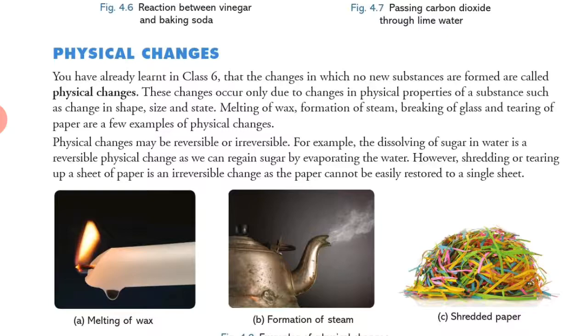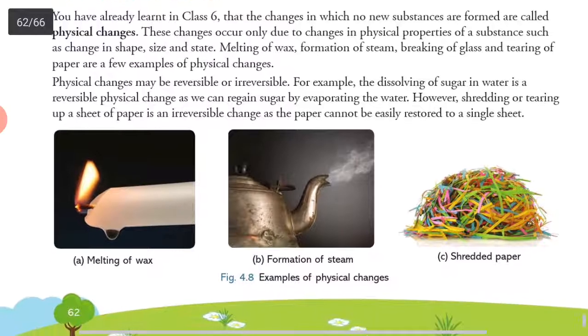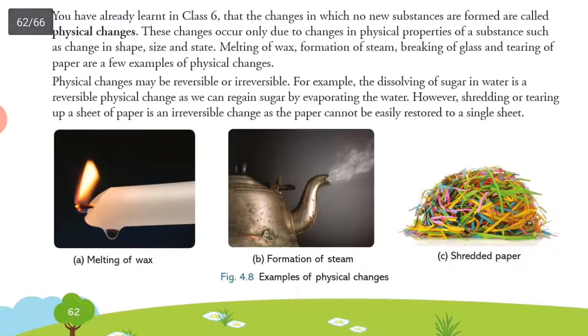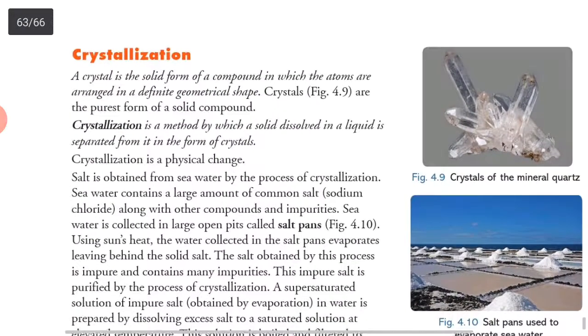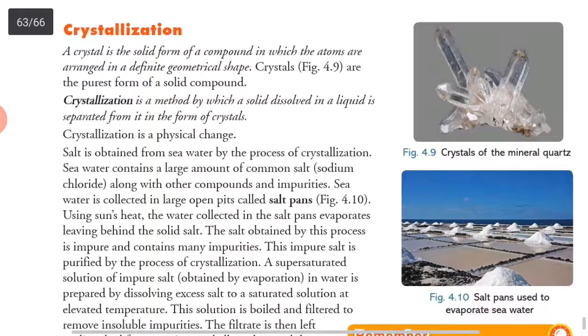You can see melting of wax and formation of steam are examples of physical change. A shredded paper is an irreversible physical change. Now the crystallization. A crystal is a solid form of compound in which the atoms are arranged in a definite geometrical shape.